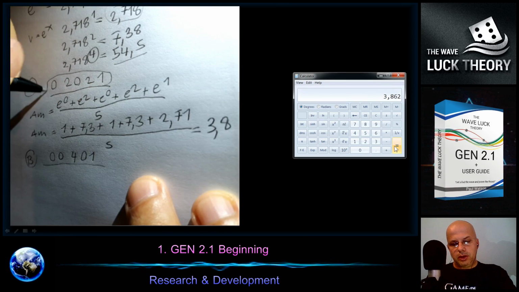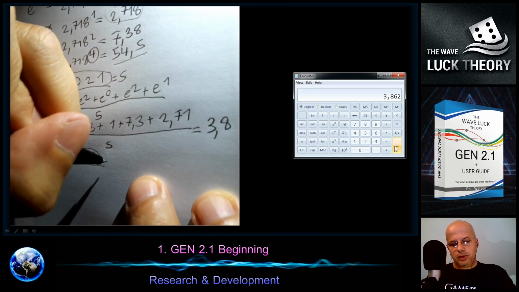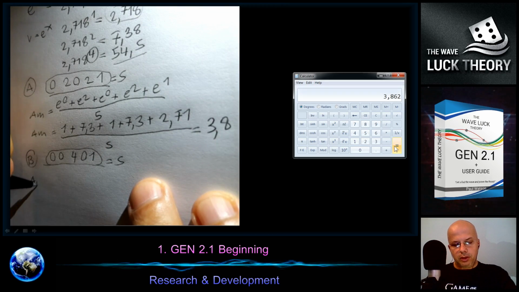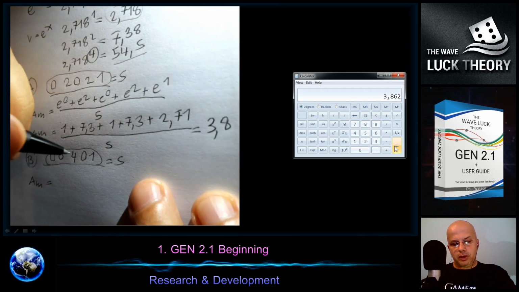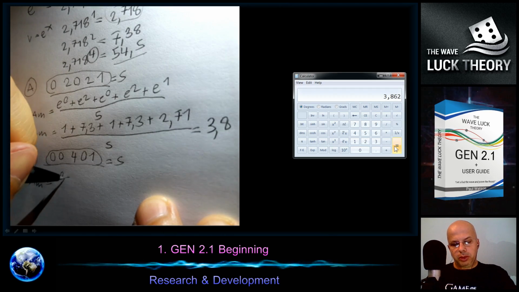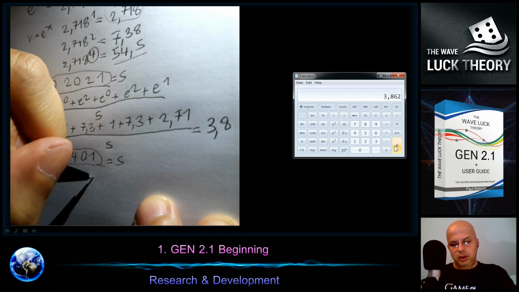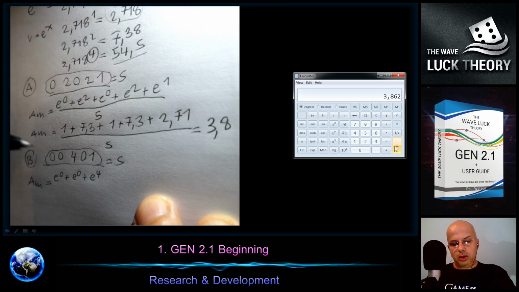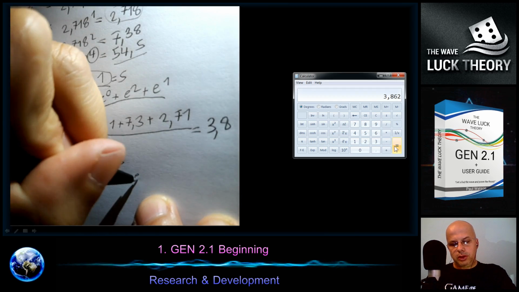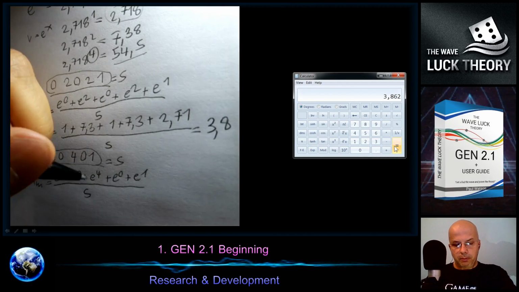Again, in the gene the sum is 5, and the sum is 5. Now let's write the formula. AM is e to the 0 plus e to the 0 plus e to the 4 plus e to the 0 plus e to the 1 divided by 5.